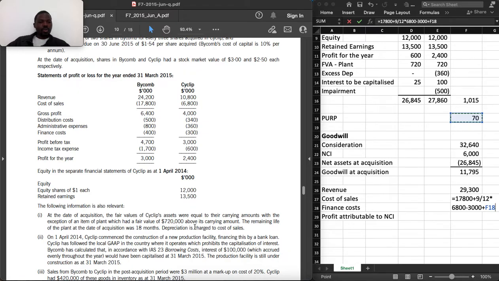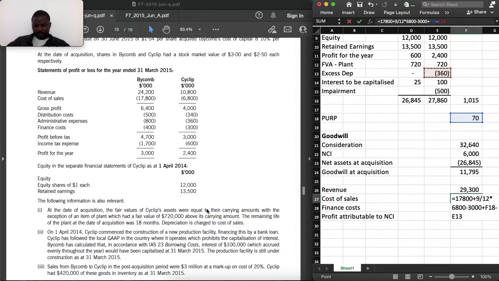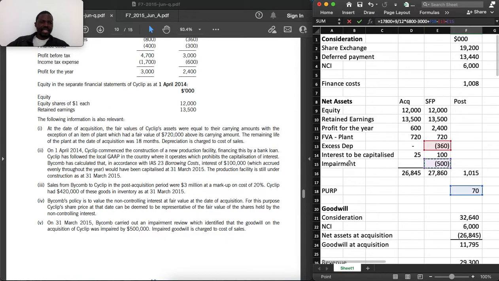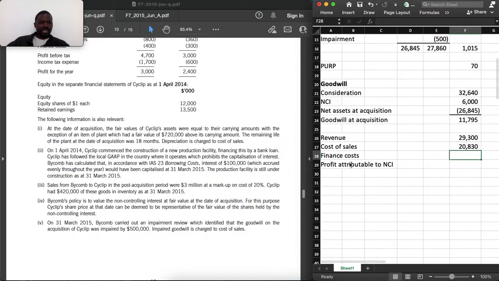So we also add the depreciation of 360. We are also told in note number 5 that impairment is also charged to cost of sales. So we add again the impairment like that. We get our figure for the cost of sales.